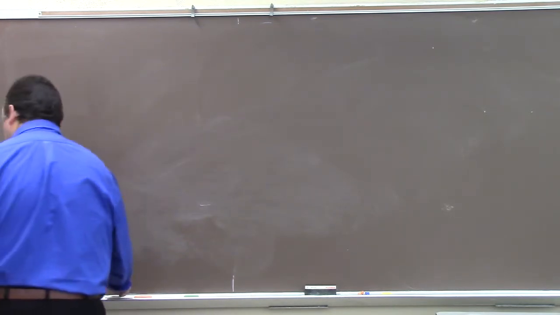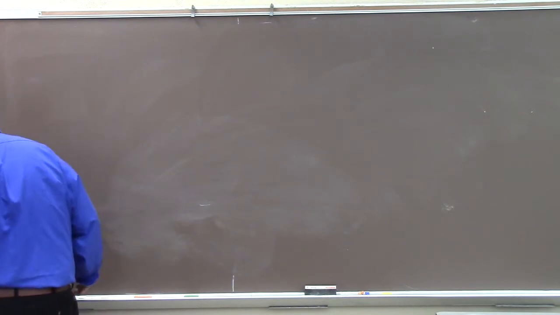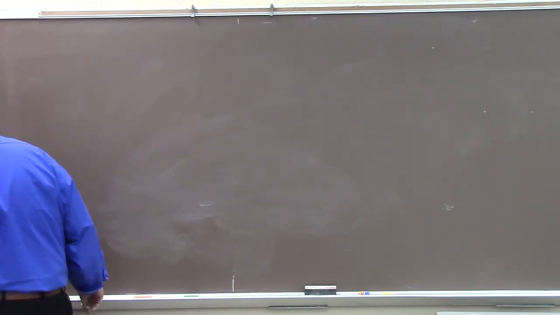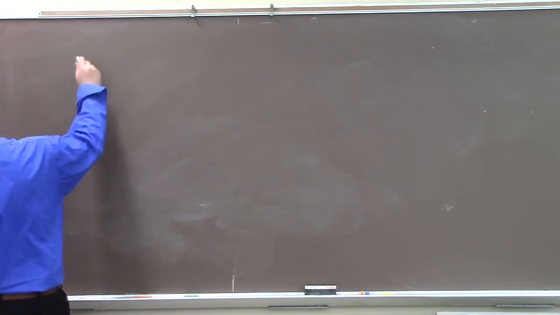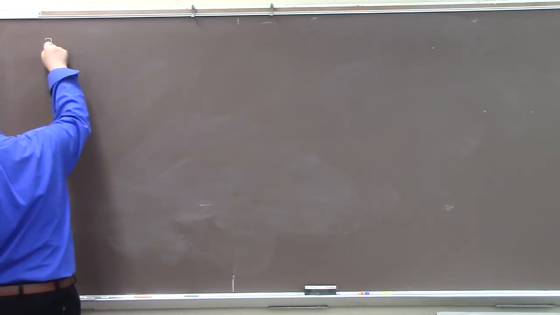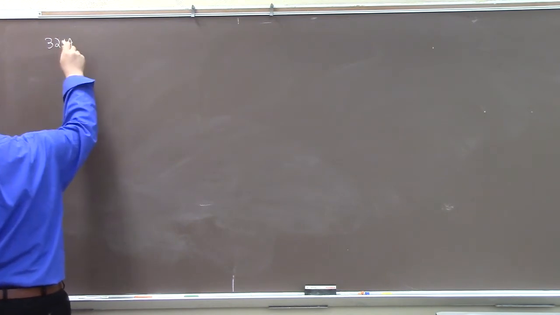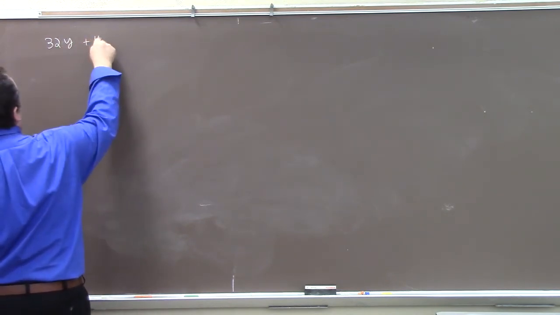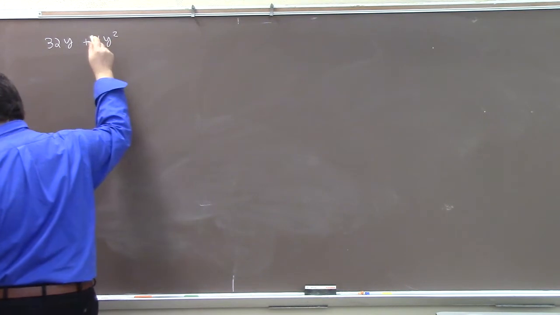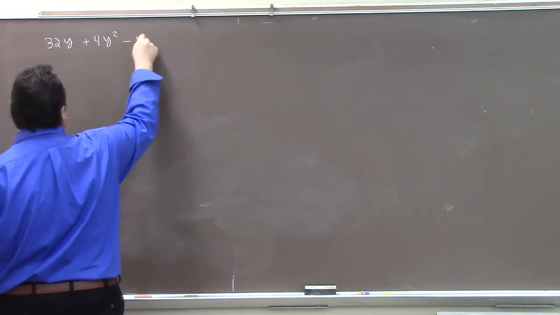Okay, so let's just work a bunch of problems here. I'll try to work some that are different from what we've already done. So here's one: 32y plus 4y squared minus y cubed.